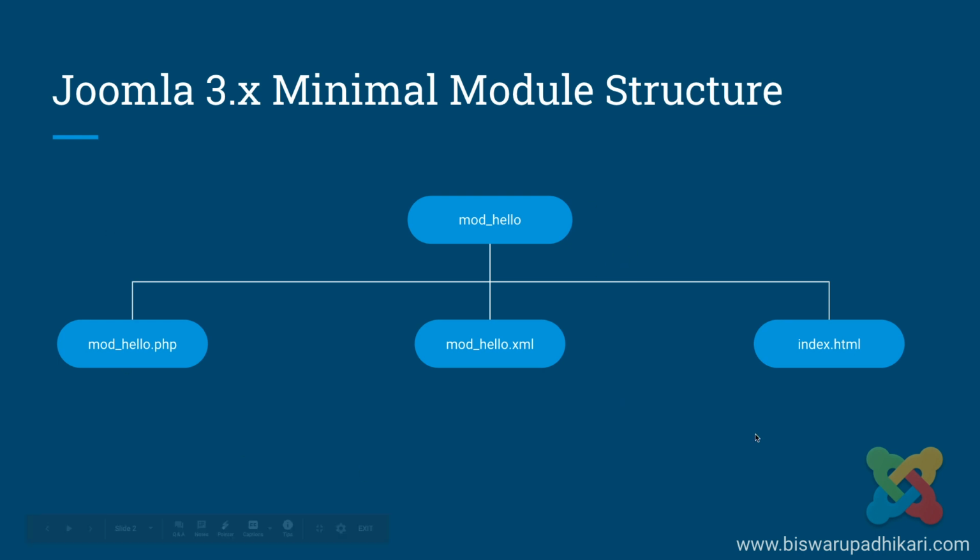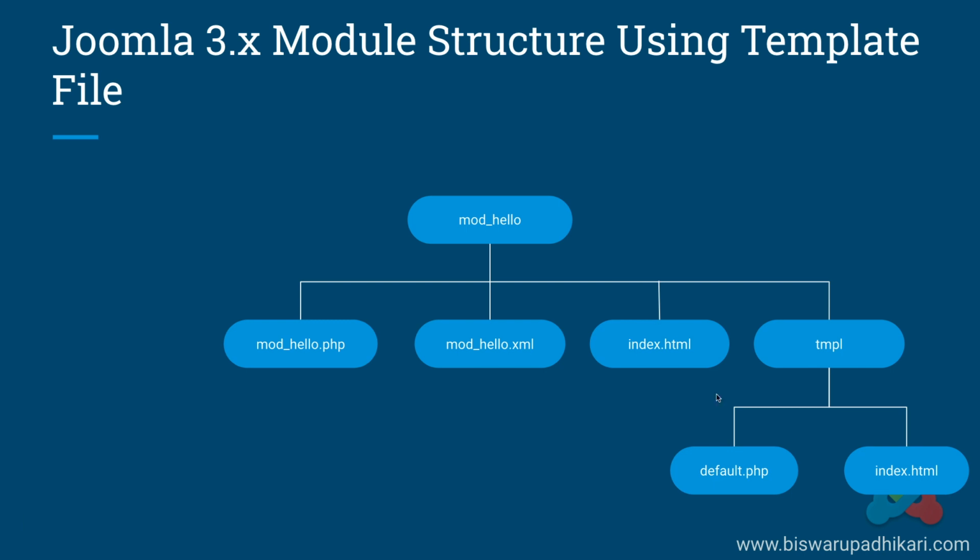Earlier we used this architecture, or file structure, to create our module, and now we will use this folder and file structure to create our module using a template file. We are creating a template folder, and inside that we are putting a default.php file and a blank index.html for security purposes.